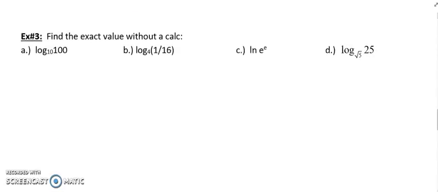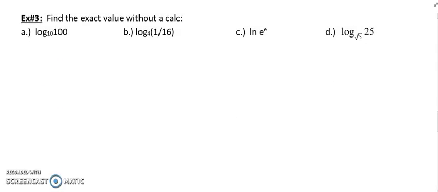All right, let's scooch on down. Find the exact value without a calculator. Oh my. We don't know what this equals, so let's make it equal to x. It's in log form right now, so let's make it exponential form. So 10 to the x equals 100. Can I change 100 into 10 times 10?